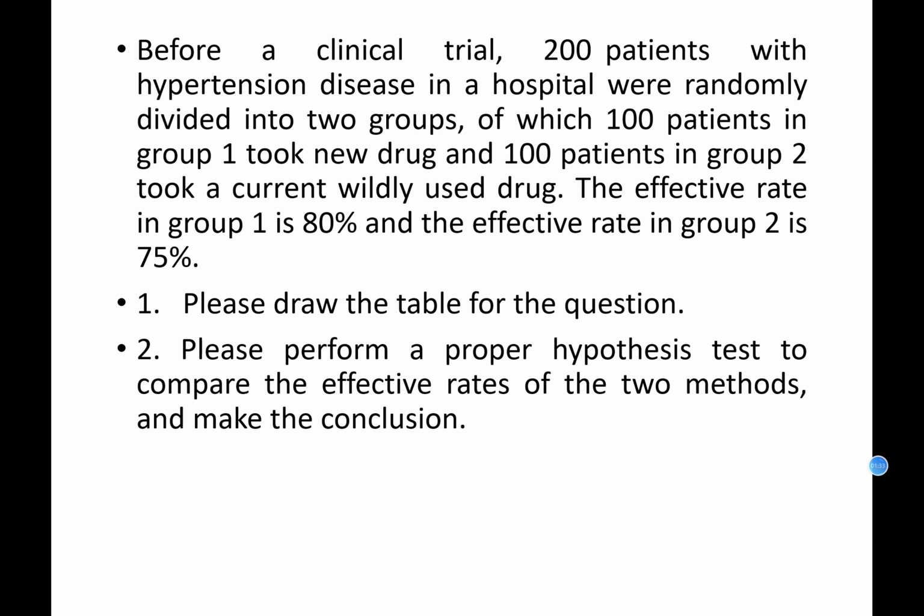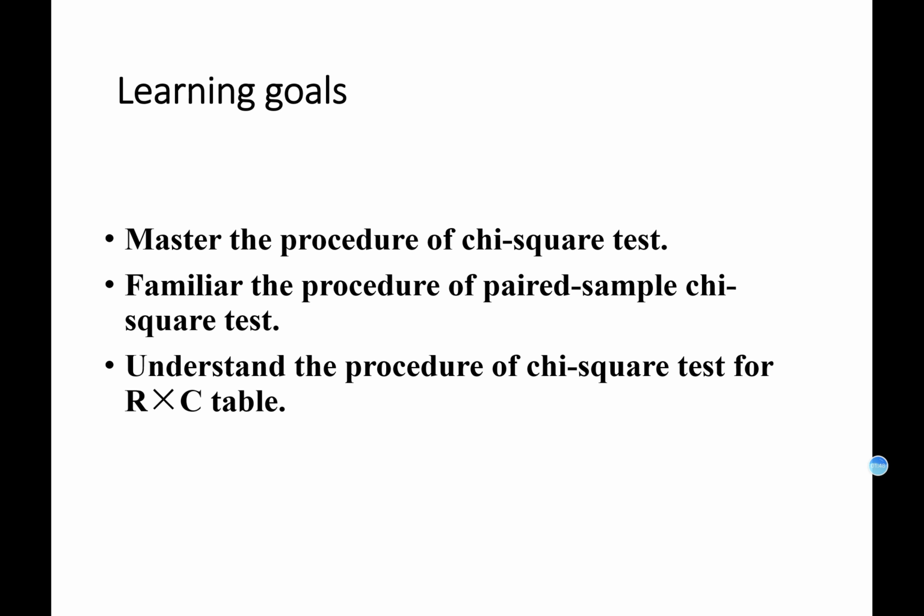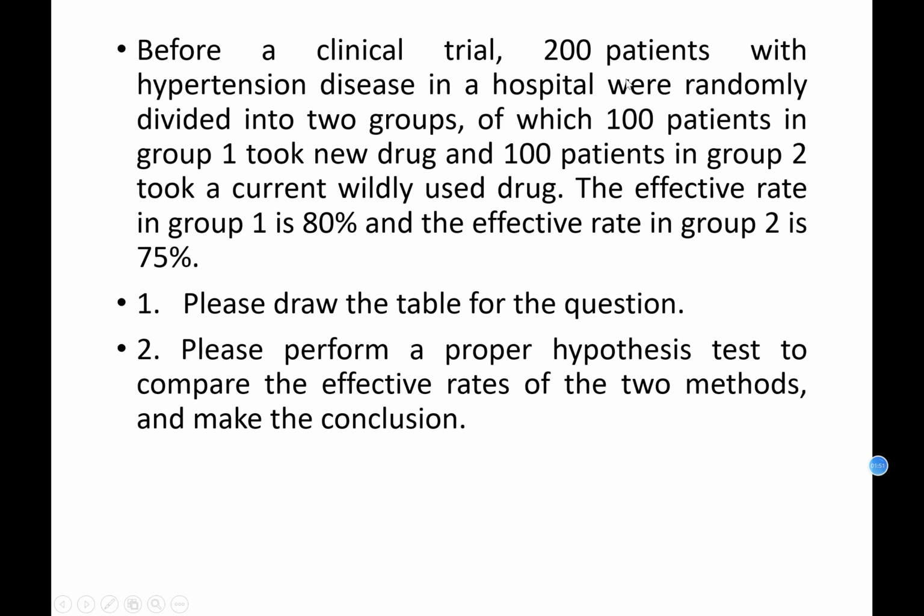And most of the time, the rows of the table can be used to represent the grouping variable. So here, in the first example, there are 200 patients in this question, and all of these patients were divided into two groups. 100 patients in group 1 took a new drug, and the other 100 patients in group 2 took a currently widely used drug.